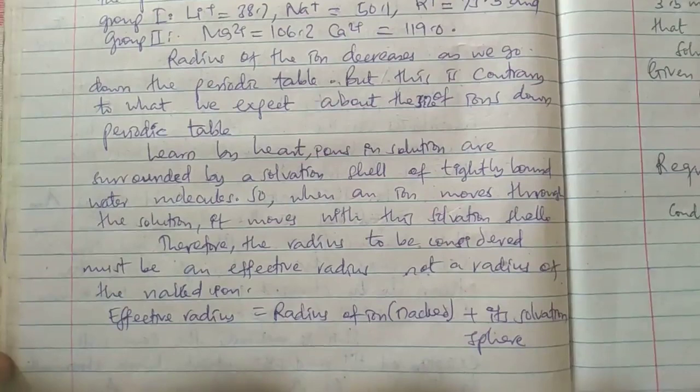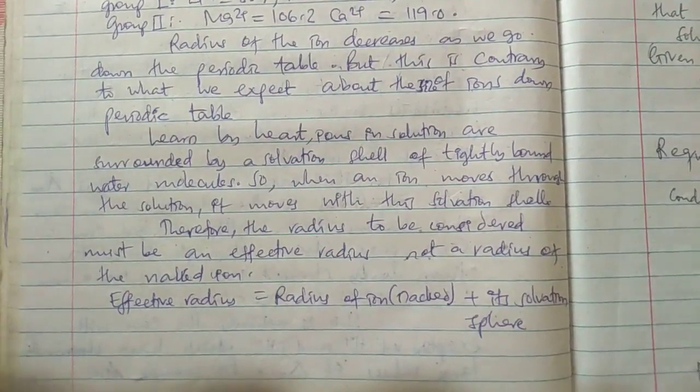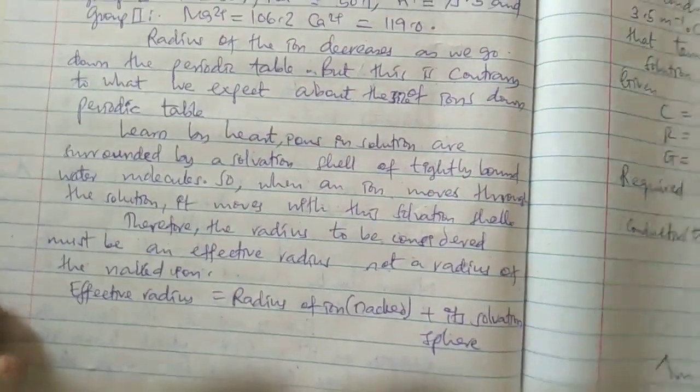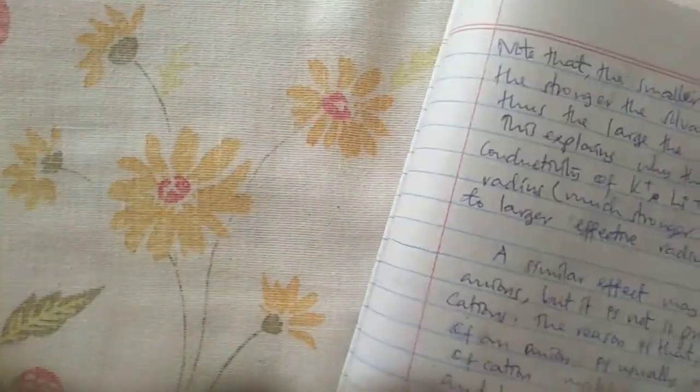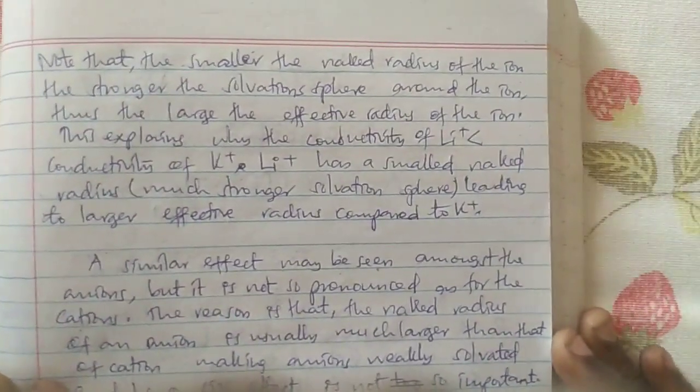Effective radius is equal to radius of the naked ion plus its solvation sphere. Hii ndio kitu kinasababisha radius of ions iwe kubwa as you are moving down the group, wakati radius of ions iwe ndogo as you are moving down the group.